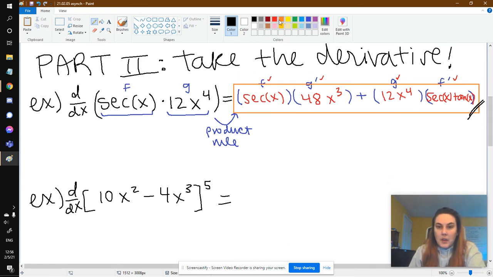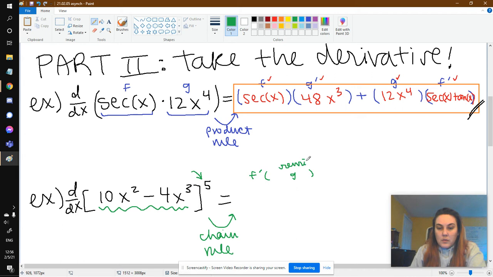Great. And then here, I'm going to notice there is an inside function and an outside function. So I'm going to take my notes and say that's the chain rule. I know that it's going to be f prime of g times g prime.